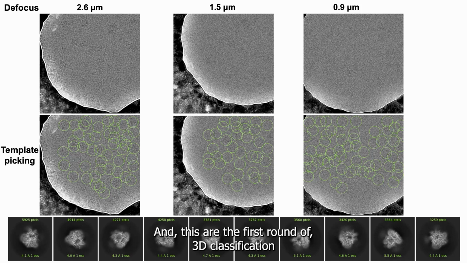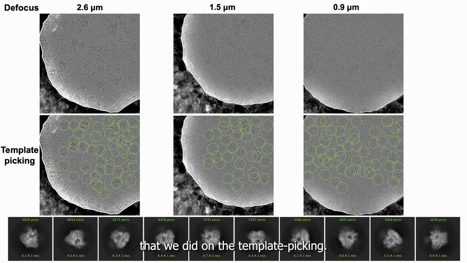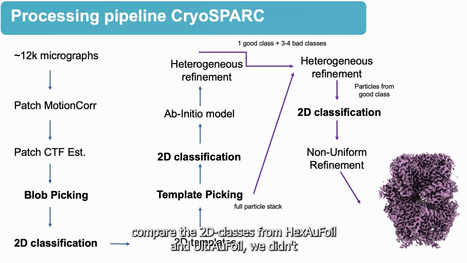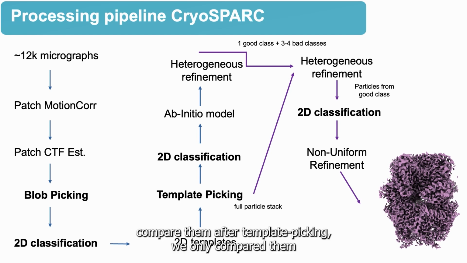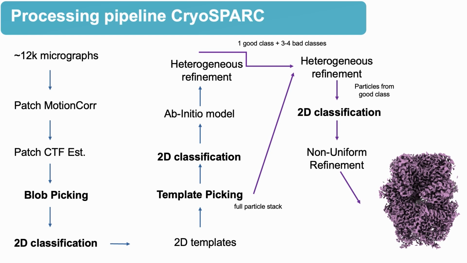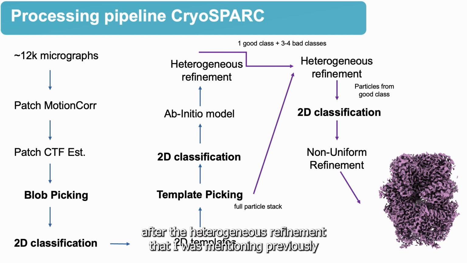And these are the first round of 2D classification that we did on the template picking. To compare the 2D classes from HexAuFoil and UltraFoil, we didn't compare them after template picking. We only compared them after the last 2D classification, after the heterogeneous refinement that I was mentioning previously.